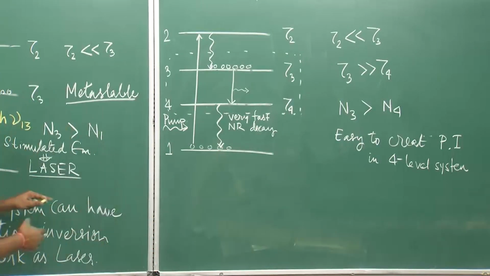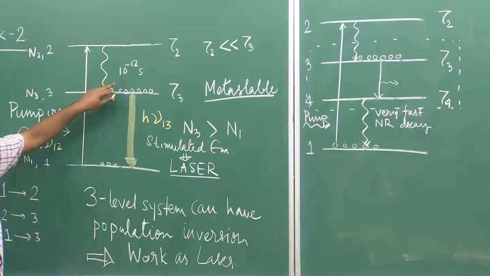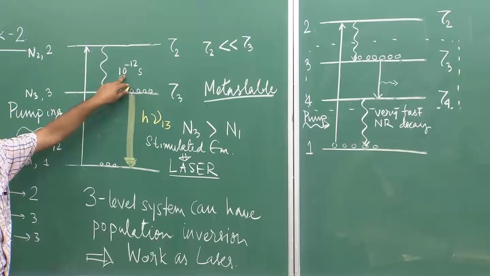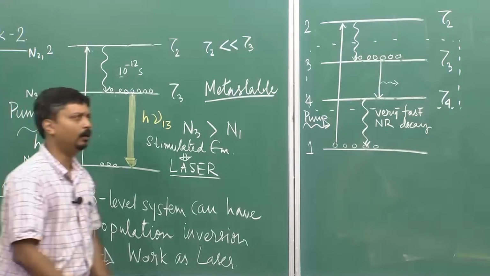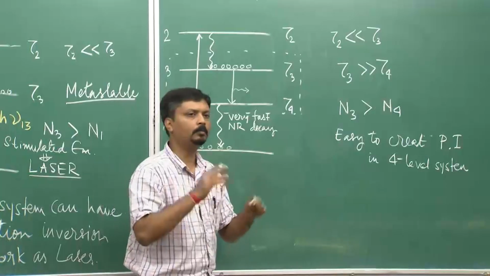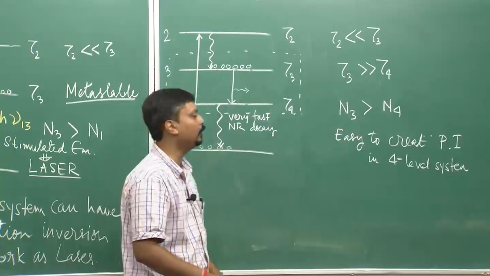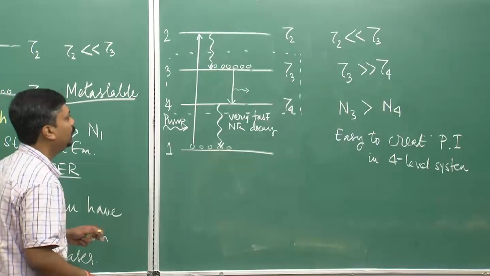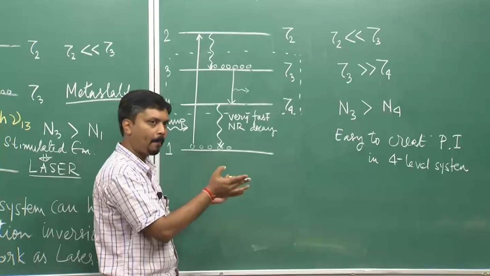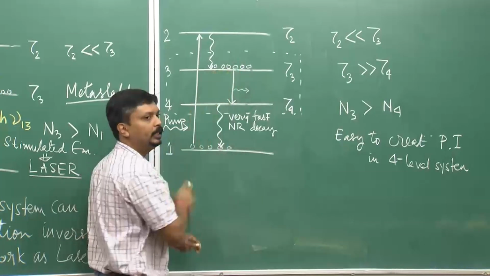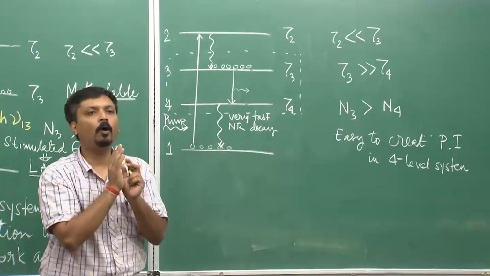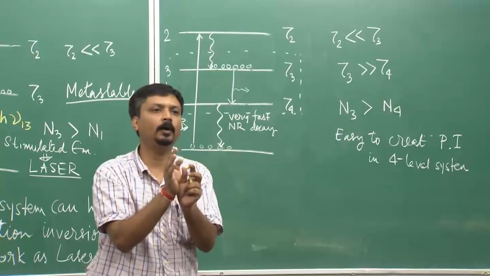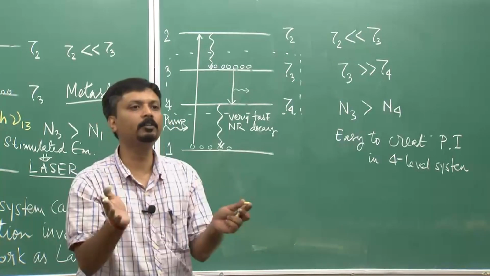If you just look at this time scale, that is 10 to the minus 12 second compared to a lifetime of, say, much longer than that, nanosecond and beyond. So, it will have ample time to have a population inversion.